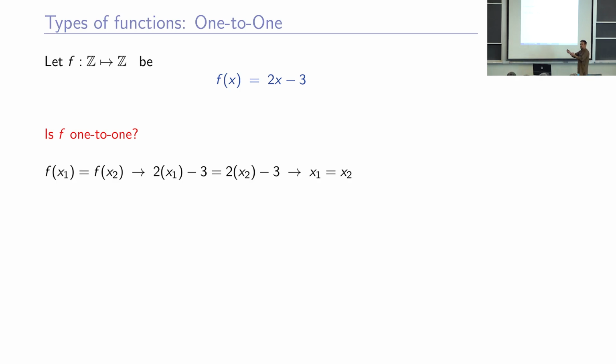When 2x1 is equal to 2x2, that's when we said the double of every number is different. If 2x1 is equal to 2x2, then x1 is equal to x2, right? So, if f of x1 is equal to f of x2, then x1 is equal to x2. Right, and that's the definition of a function being one-to-one. That's for any pairs of elements, integers in this case, x1 and x2. This is true. If their output is the same, then the input must be the same.